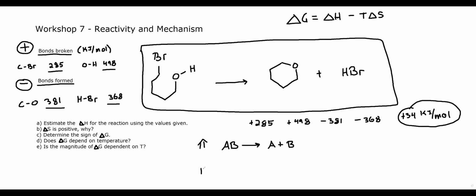We can also increase entropy when we go from a ring system breaking apart into a straight chain system. 1, 2, 3, 4, 5, 6. So if we break apart this 6-membered ring into a 6-membered chain, we would be increasing entropy. Remember, entropy is a measure of randomness or disorder.